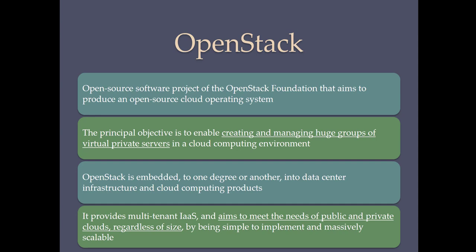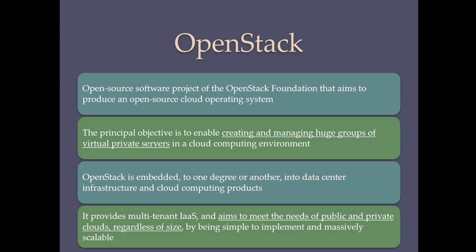It can be used for private clouds or public clouds, and at the same time it can be implemented on 2 or 3 servers or 1,000 servers. So it is scalable. It's not dependent on the size. This is mainly used in most clouds now, which is called OpenStack.